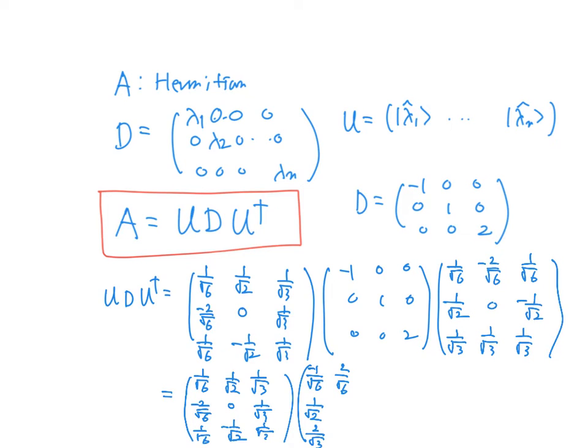And this gives you 0. And this gives 2 over square root of 3. Finally, minus 1 over square root of 6.